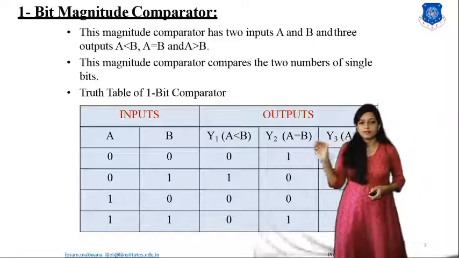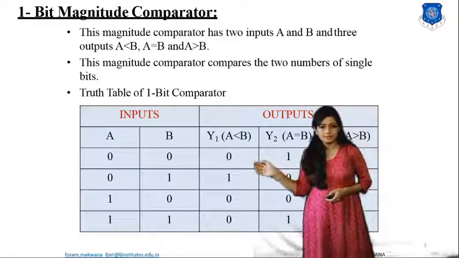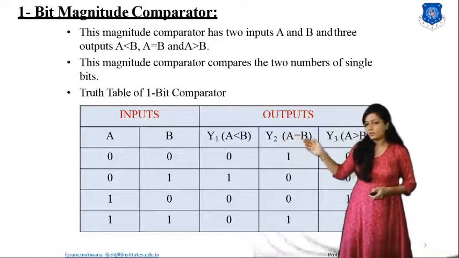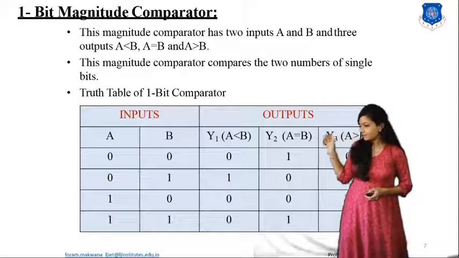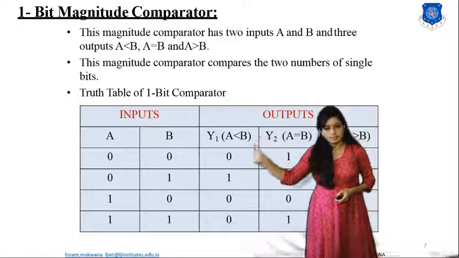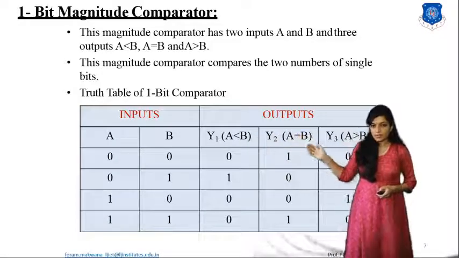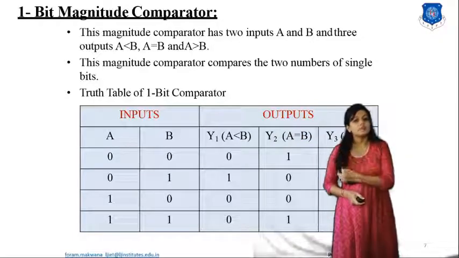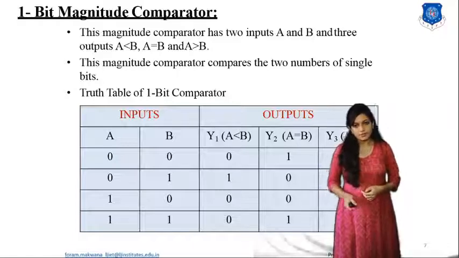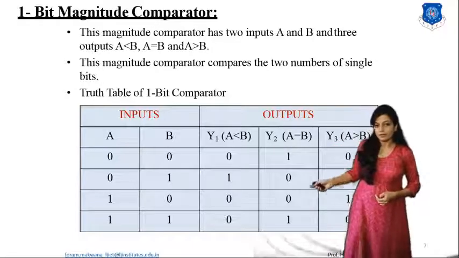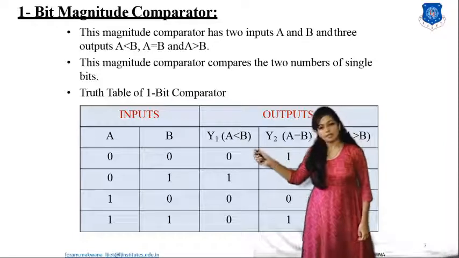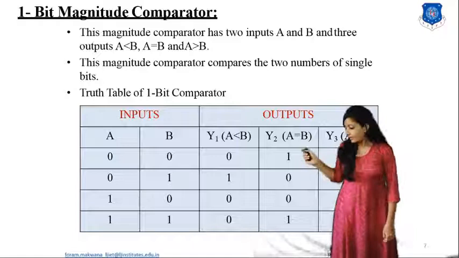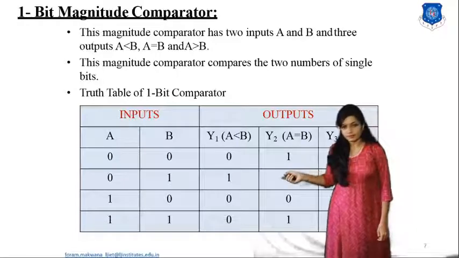Let us take my inputs as A and B, and these are my outputs Y1, Y2 and Y3: A less than B, A equal to B, and A greater than B. This magnitude comparator will compare this single bit of A with the single bit of B. Let us study this truth table.